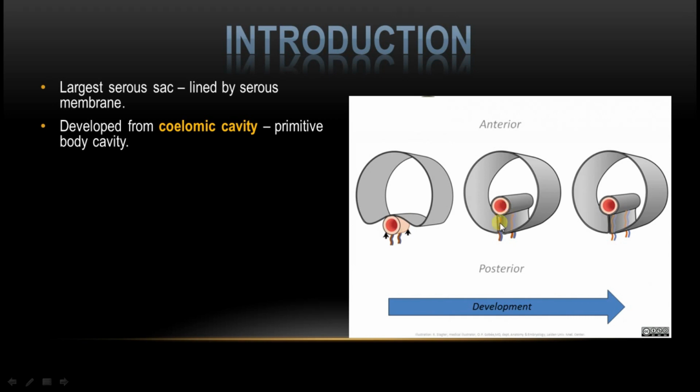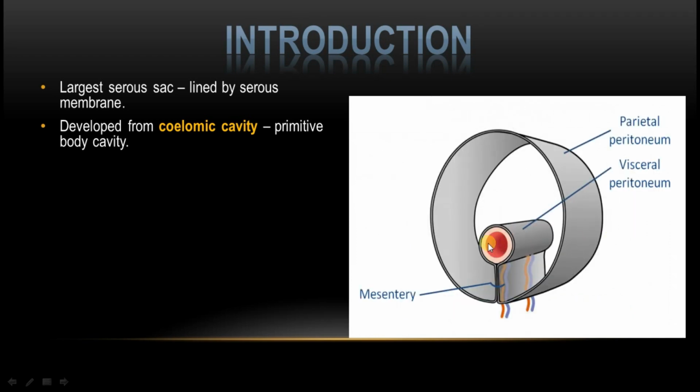And finally, through this fold which has travelled, it is transmitting the blood vessels, especially the arteries and the veins. So now the organ which was outside the peritoneum has become intraperitoneal, and it is surrounded by the peritoneum. And slowly it occupies the space.